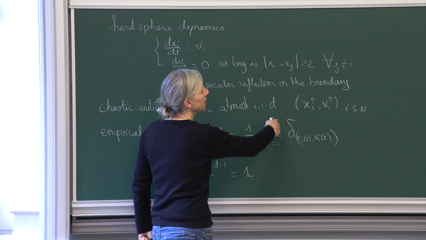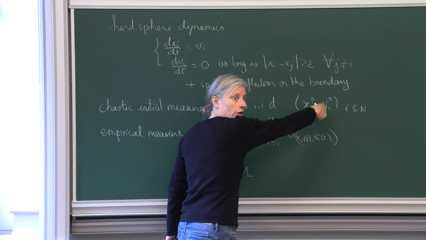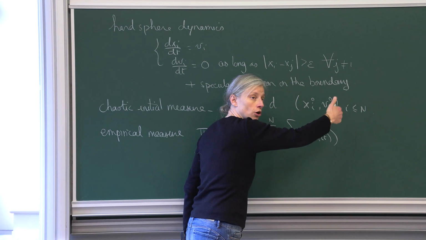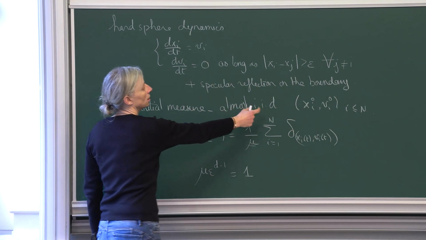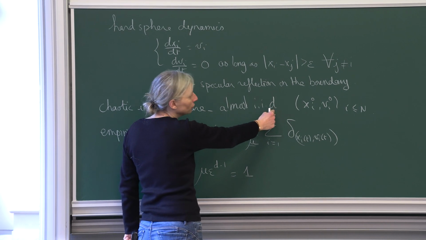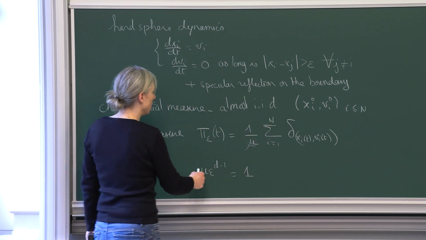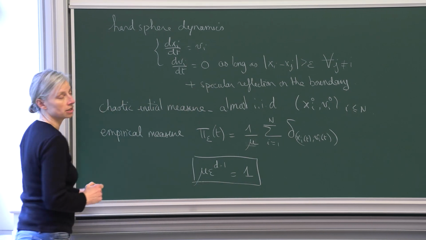And once you have fixed n, you have this x_i, v_i, which are random variables with a distribution f_0. Up to the exclusion, these are independent and identically distributed variables. And then you have this scaling law here, which is the Boltzmann-Grad scaling.